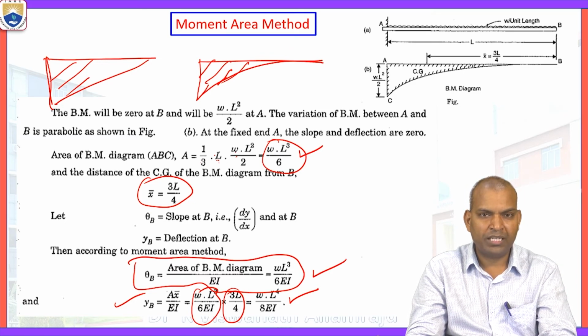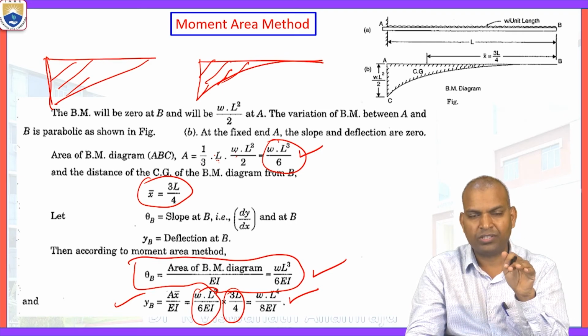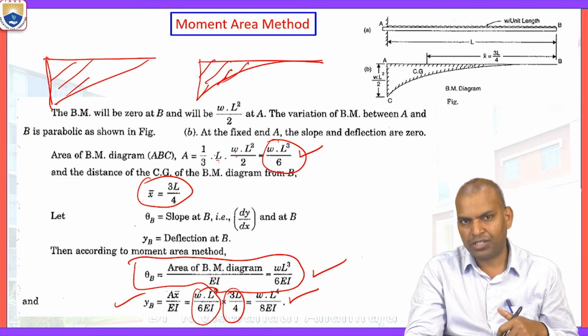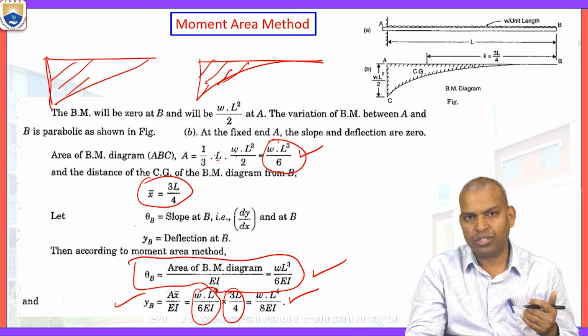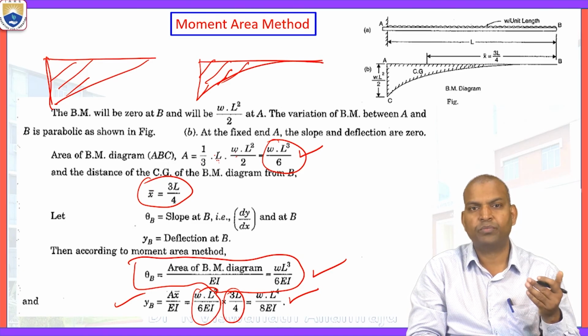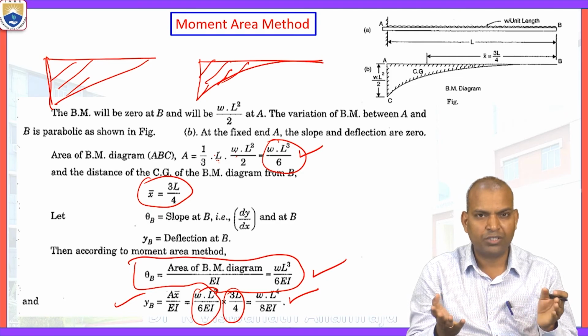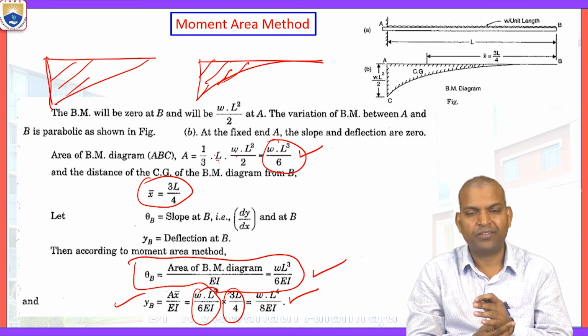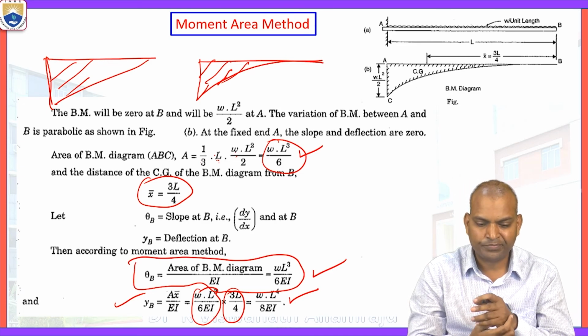There, substitute the bending moment equation and integrate once, the slope equation comes, and if we integrate again, the deflection equation comes. After getting those two equations, derive the constants of integration by using the boundary conditions. That's it. Then substitute x values, and you'll get the slope and deflections at different values of x.